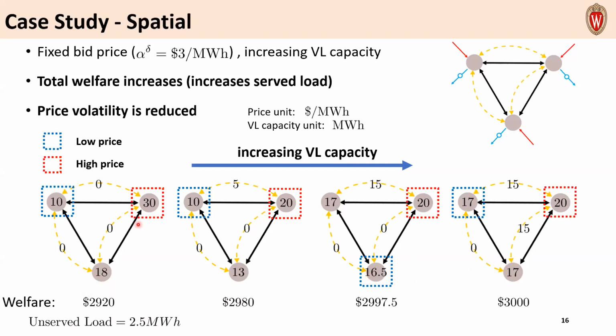Also, the price volatility is reduced, as we have a large price gap of 20 in the base case, but in the last case, the price gap shrinks to just 3. I want to note here that the price gap cannot be smaller if we further increase the virtual link capacity, because the bid price of our virtual link is fixed at $3 per megawatt, which dictates the minimum unit price to activate these virtual links.